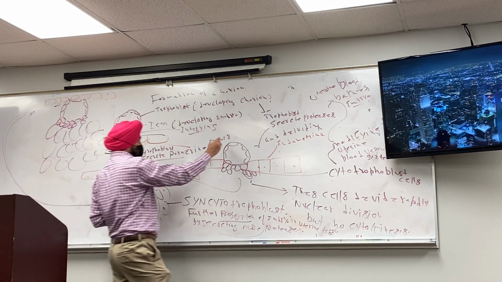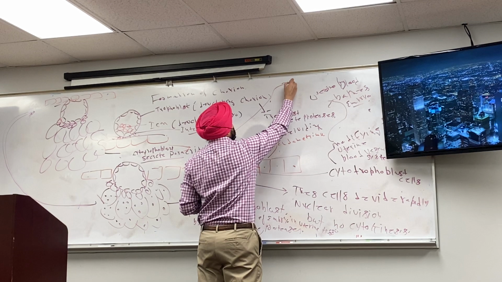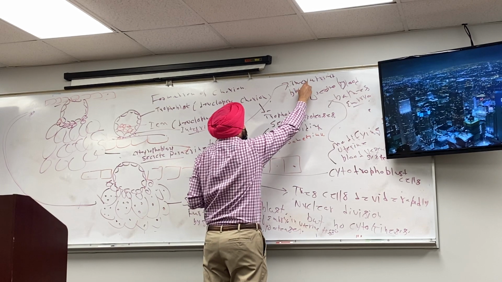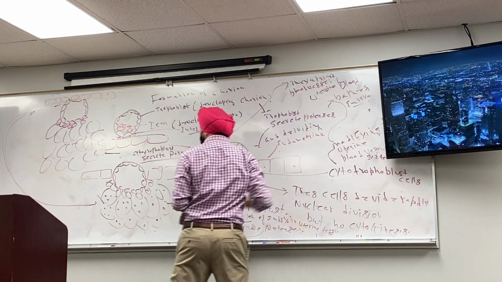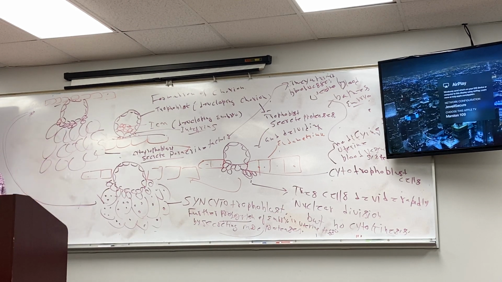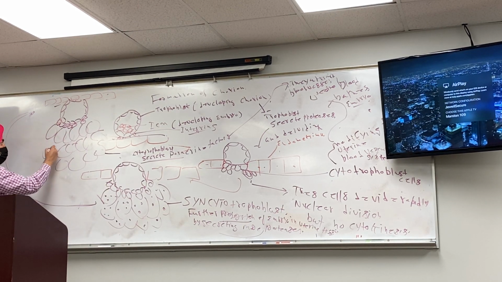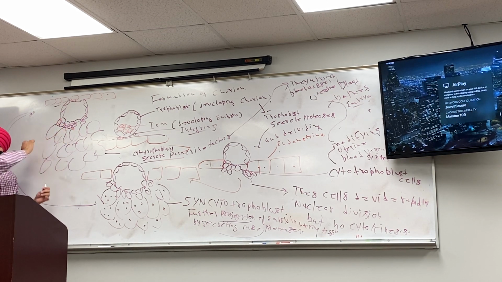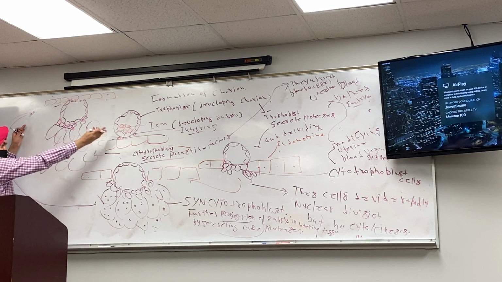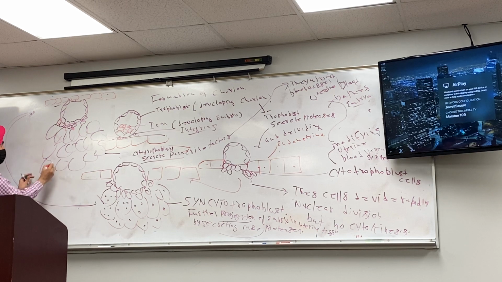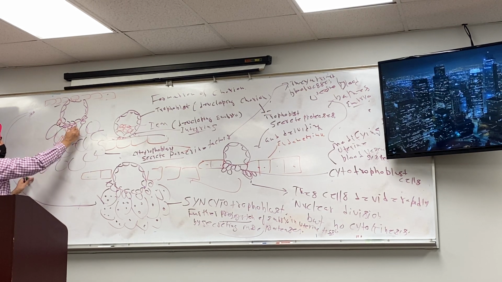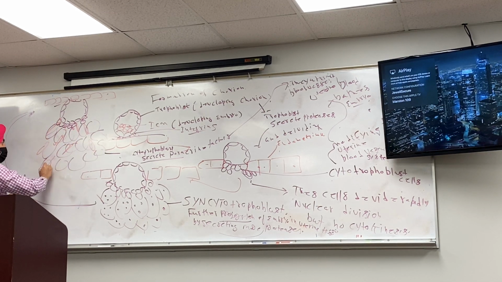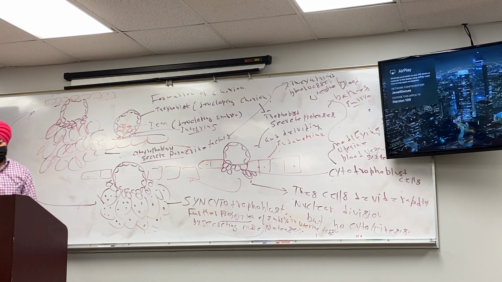And what those paracrine factors do is they attract blood vessels. So what happened? From here, the maternal blood vessels are being attracted there because they are secreting. So these cells are secreting paracrine factor, and now all of this is the placenta, right? Those paracrine factors are attracting these blood vessels here. So blood vessels are coming here.